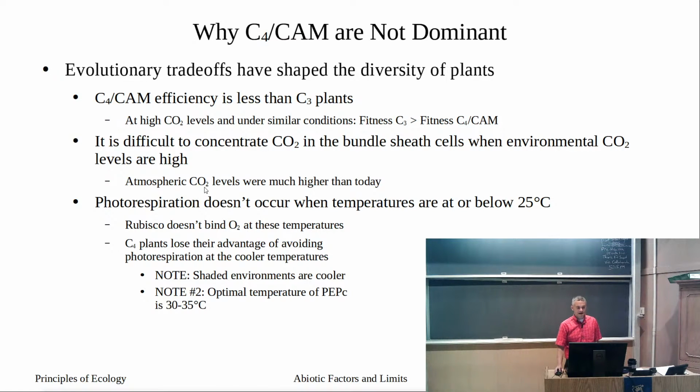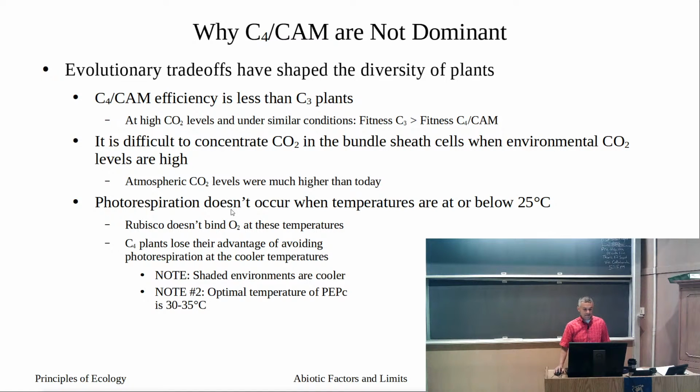It wasn't until our atmospheric CO2 levels started to come down, to approach more modern-day levels, that we had this need to separate the two processes. So historically, during the diversity of the plants, you really didn't need to concentrate it.